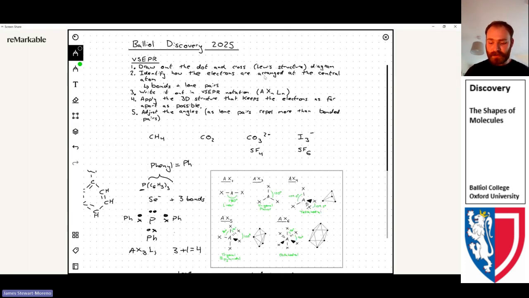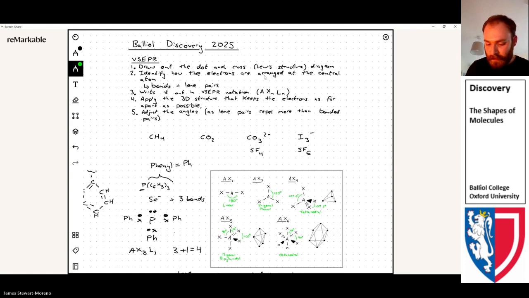So there are a couple of others up here that I would like you to have a go at, those being these ones here. So you've got your methane, your CO2, your carbonate ion, a triiodide ion, SF4 and SF6. I'd like to give you guys a little bit of time to have a go at some of these now.